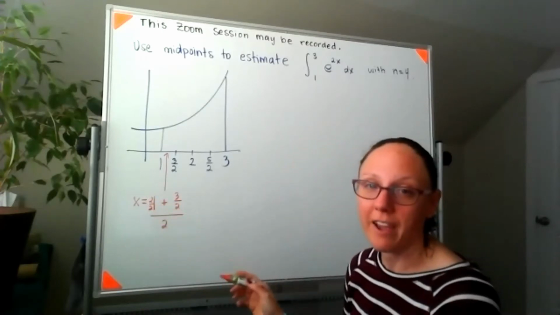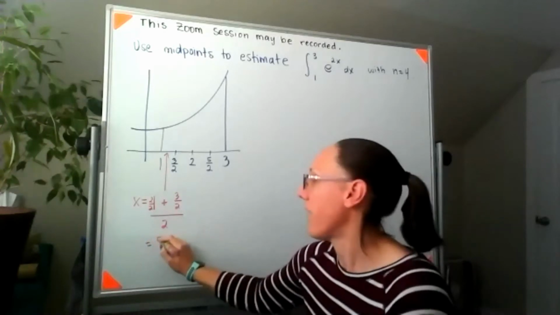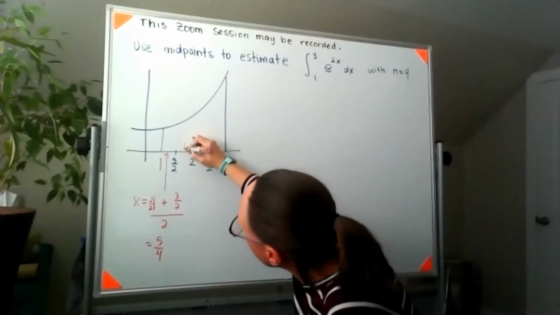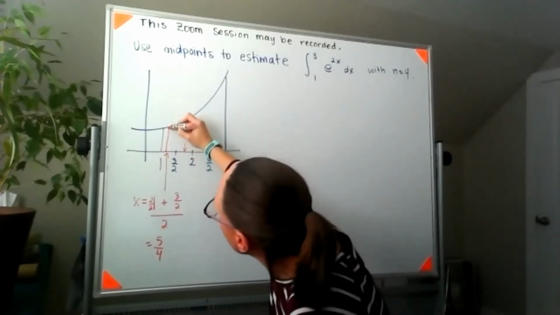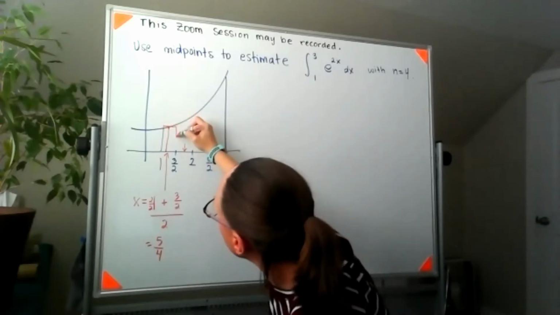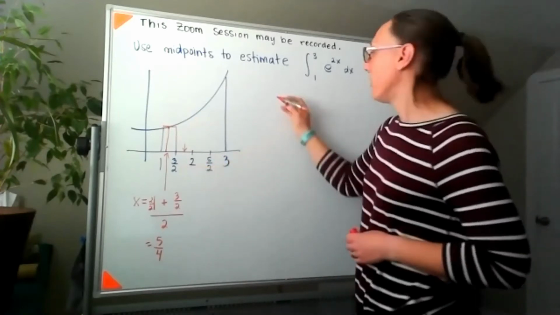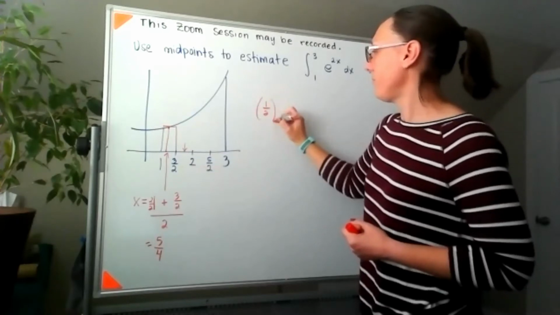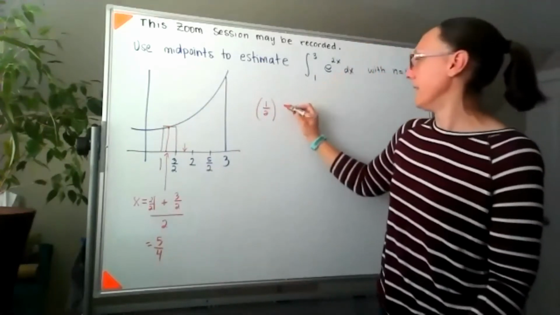So I'm looking at 5/2 divided by 2, and 5/2 divided by 2 would be 5/4. So I would take that 5/4 and plug it in to figure out the height of that first rectangle. So for my first rectangle, the base of that rectangle is 1/2, and the height is going to come from plugging in 5/4 to the function.